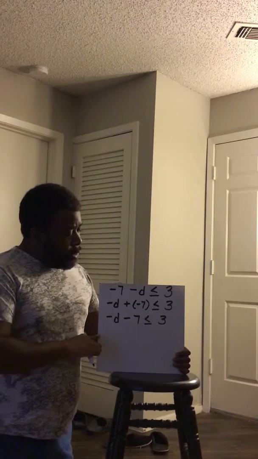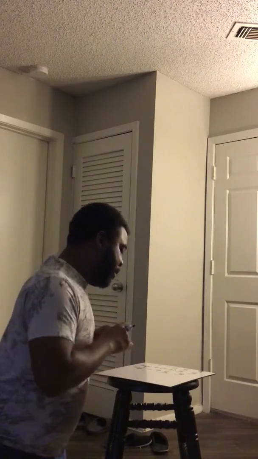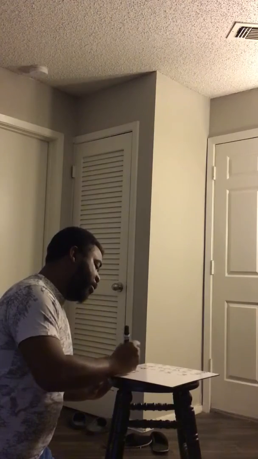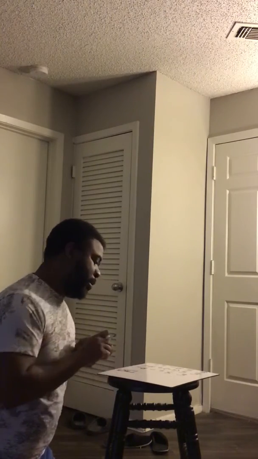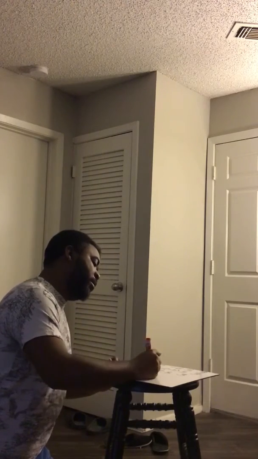Okay, so now we know we need to add to get the answer. So let's model it. We're going to have our variable, which is negative D. We're going to need 7 negatives.